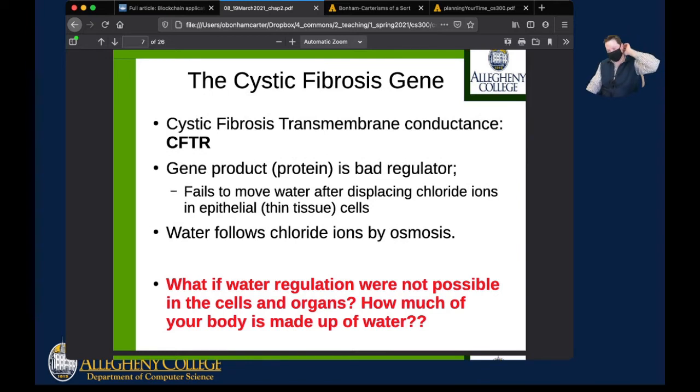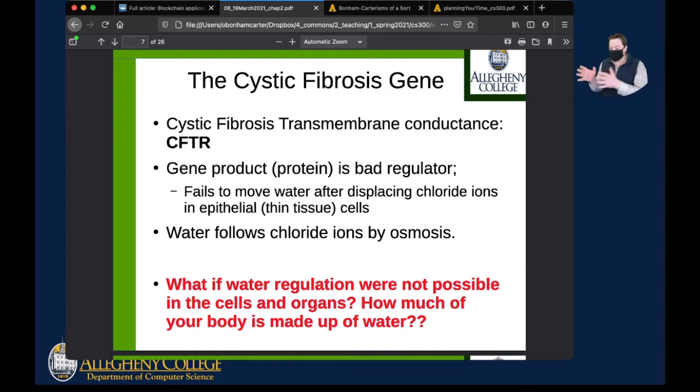So the cystic fibrosis gene is really something that's responsible for making a protein which is what's called a bad regulator. That basically means that it's like a piece of the cell that's not doing what it's supposed to do. Imagine, for instance, if you're driving your car and the pump that's supposed to move the fuel from the fuel tank into the engine wasn't working, then the whole car is rendered useless.